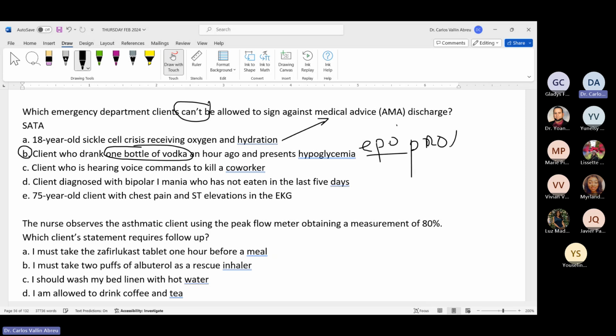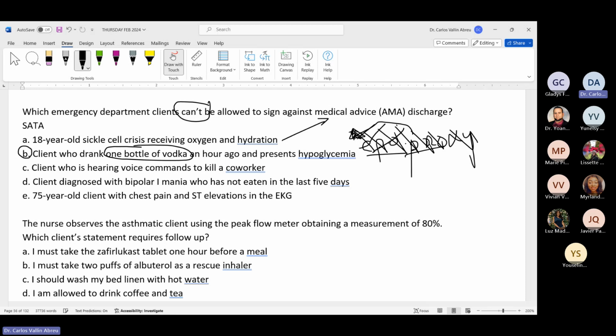Yes, but it's not mentioned here. If you want to write the question, you can introduce this element, which is going to make the question more difficult. I accept that, but it's not stated here. It is the client who can or cannot sign for leaving against medical advice. So don't introduce an element that is not in the question.